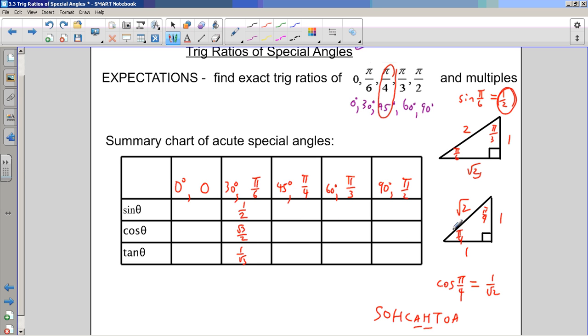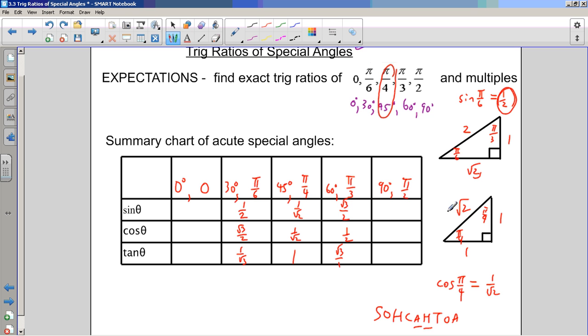Okay, and then 45, 1 over the square root of 2, and cosine's the same, adjacent over hypotenuse, and the tangent, opposite over adjacent, is 1 over 1, or just 1. 60 degrees is opposite over hypotenuse, square root of 3 over 2, 1/2 for the cosine, adjacent over hypotenuse, and then tangent, opposite over adjacent, is square root of 3 over 1.